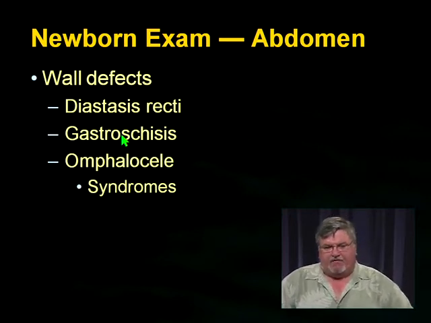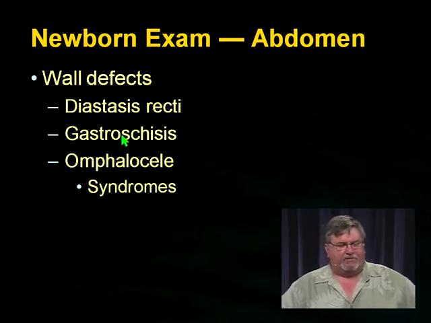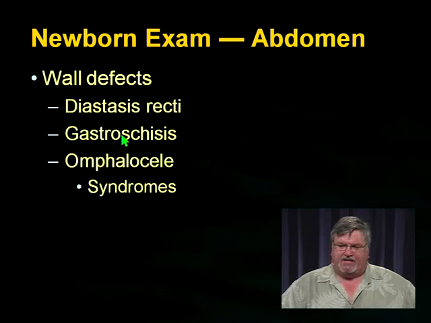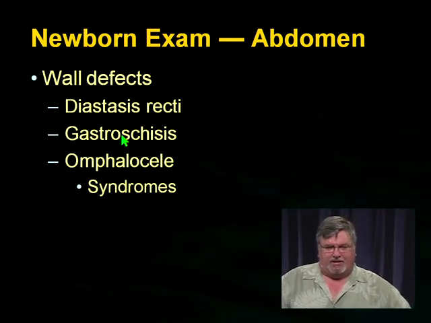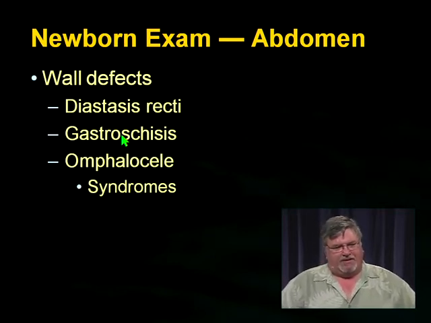Omphalocele is the failure to return into the abdominal cavity of the rotating, or actually counter-rotating, intestines during gestation. So you all remember during fetal life, the intestines spend some period of time outside the abdominal cavity, do a 270-degree counterclockwise turn, and then come back. One of the miracles of God.